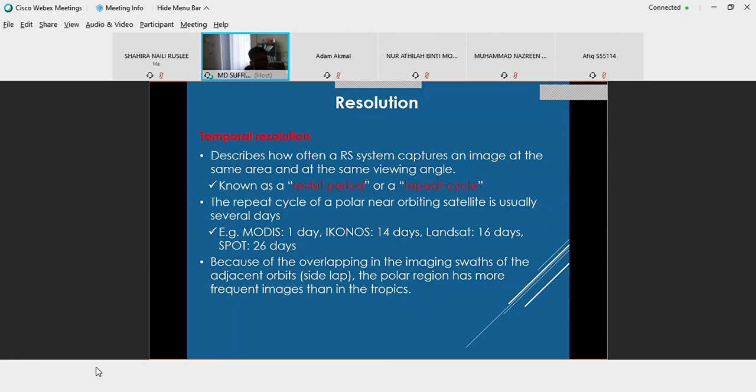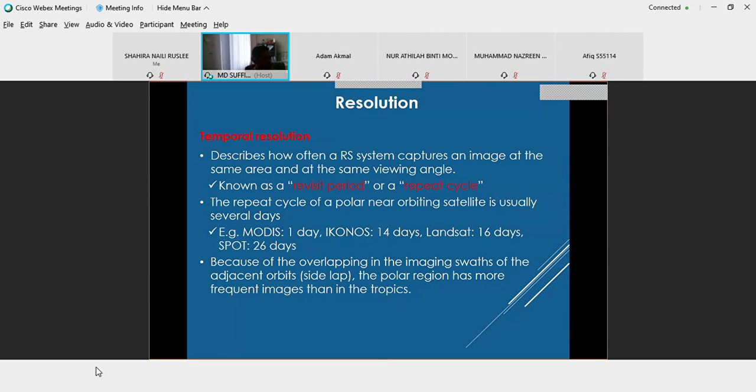Sebagai contoh untuk modis, biasanya dia akan lalu kawasan yang sama, katakan di South China Sea, in between 14 to 16 days. Itu yang kita sebut sebagai revisit period, 14 hingga 16 hari.